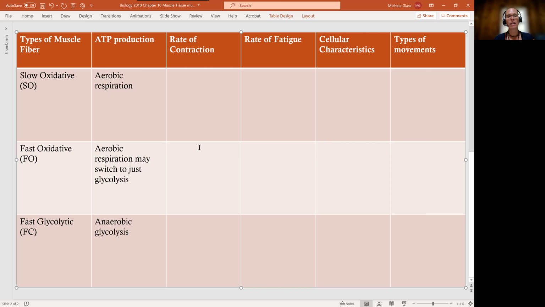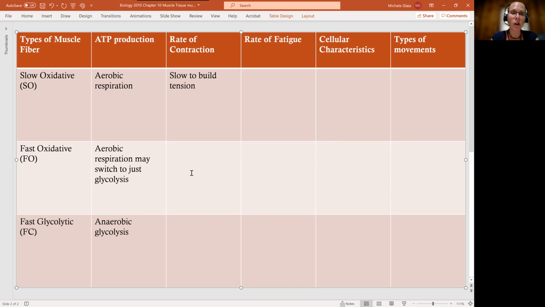Let's next look at the rate or speed of contraction. So in the case of the slow oxidative, it's named slow because it's slow to build tension. The slow oxidative name tells us it's slow to build tension, and the oxidative part tells us it's doing aerobic respiration.